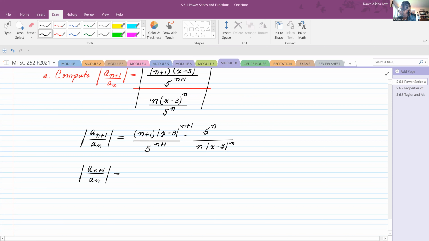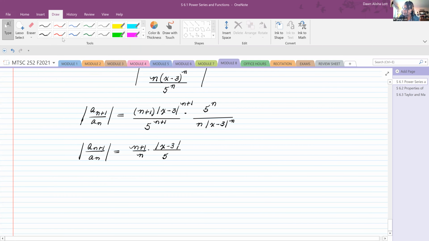So now I get the absolute value of a_(n+1) over a_n. As you can see, you end up with (n plus 1) over n, times the absolute value of x minus 3, and then it gets divided by 5. Okay, so now number 3 is to find rho.